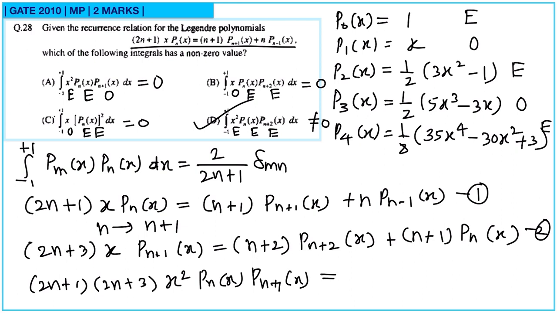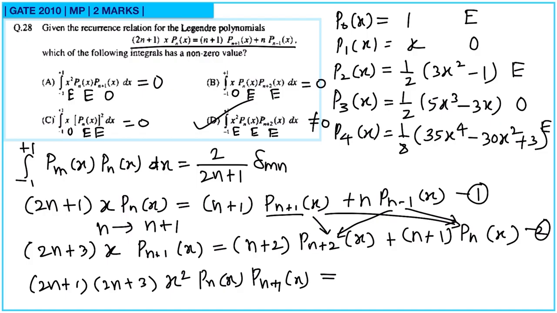And on the right hand side, we have multiplication of two binomials. Now for these two binomials, n plus 1 into n plus 2 will be 0, n plus 1 into n will be 0, again Pn minus 1 into n plus 2 will be 0, and this will also be 0. So you can see for all these combinations, we are getting the right hand side to be equal to 0.